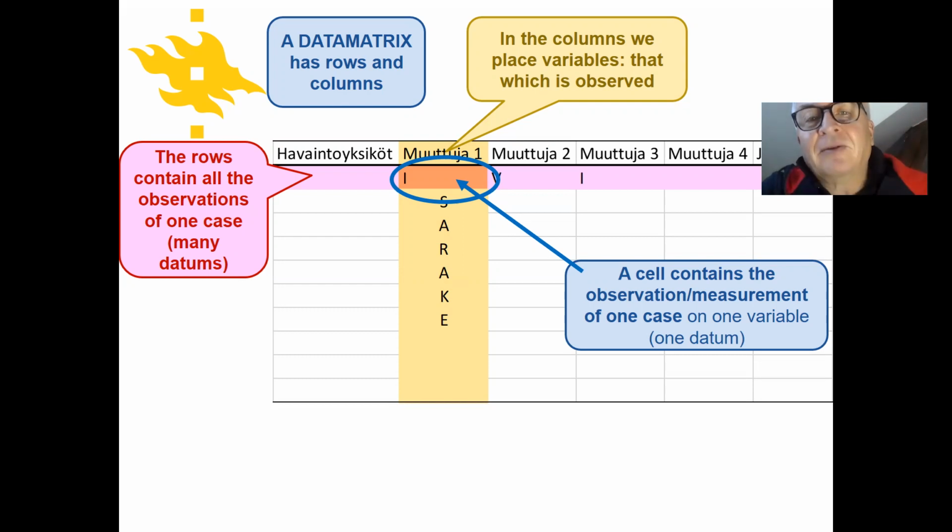And then the different columns are variables, so everything you measure or get answers to, be it the gender of the student or the result of the questionnaire or the result of the test or whatever it is, the background of their parents, anything. All these would be different variables.